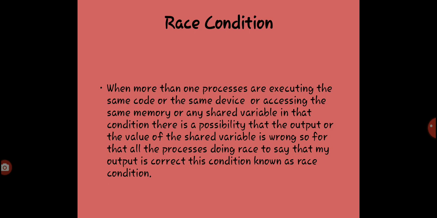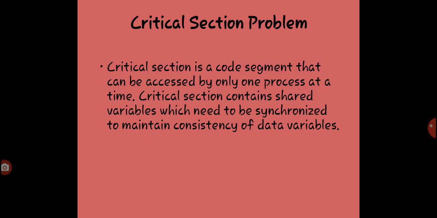The resource may be an IO device, it may be the memory, any resource in the computer. The competition between two or more running processes in getting the same resource is called a race condition.